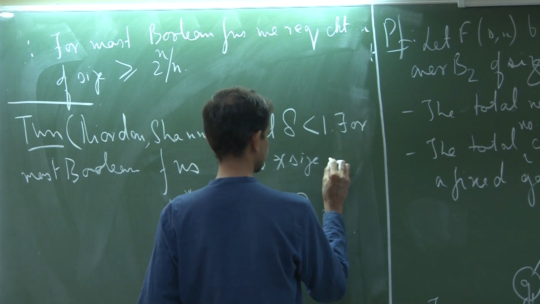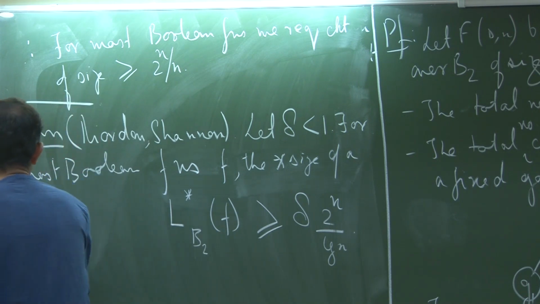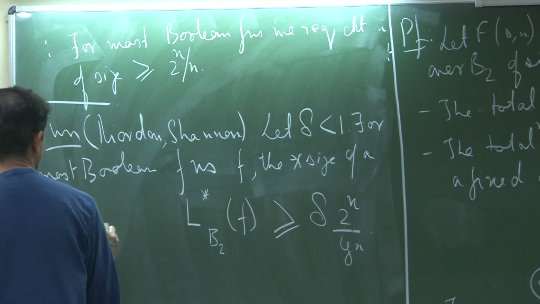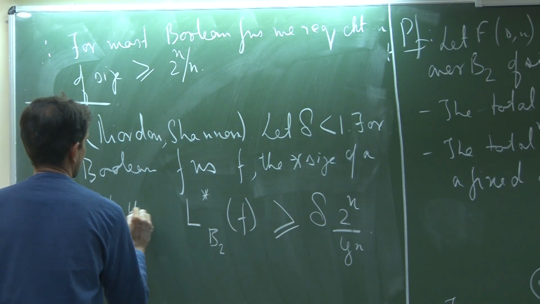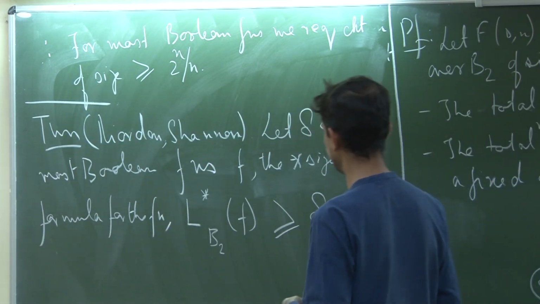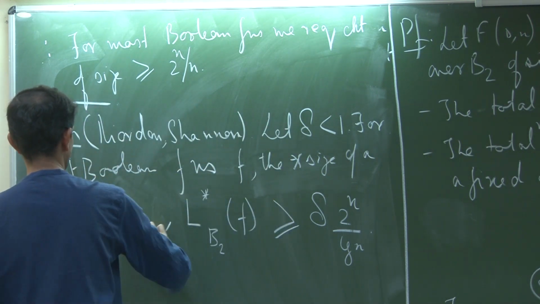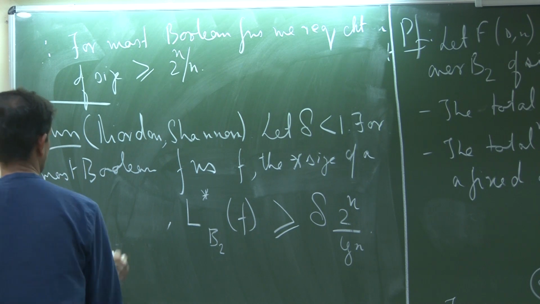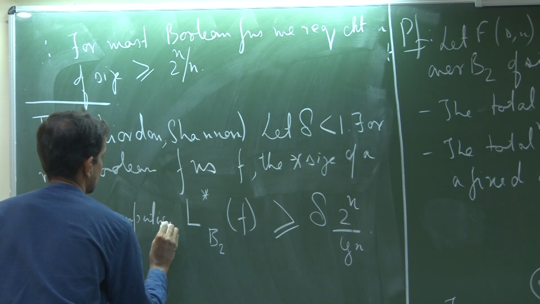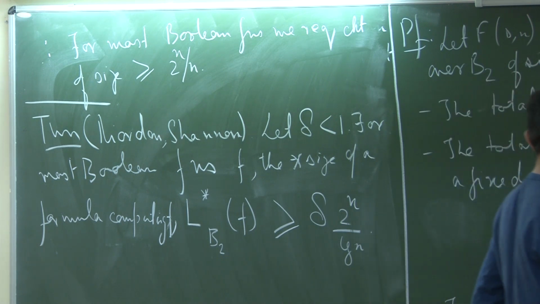I can write it as well: the star size of a formula for the function, L star B2 of f. Actually, I have a name for the function, so let me use it: the formula computing f is this much.